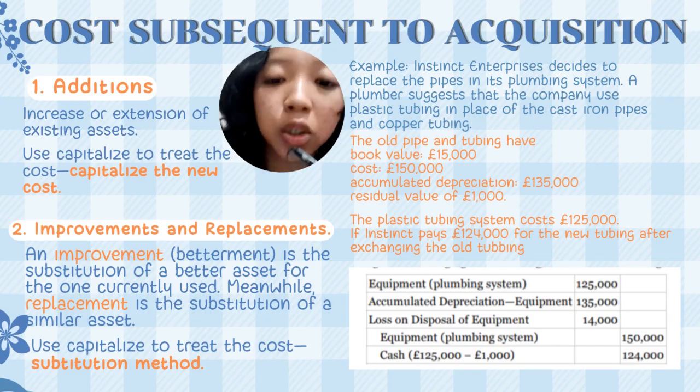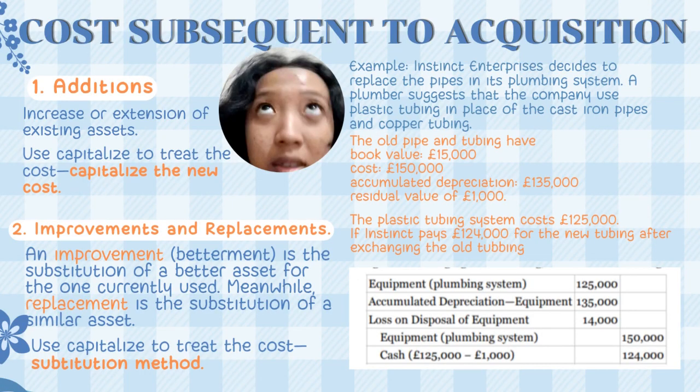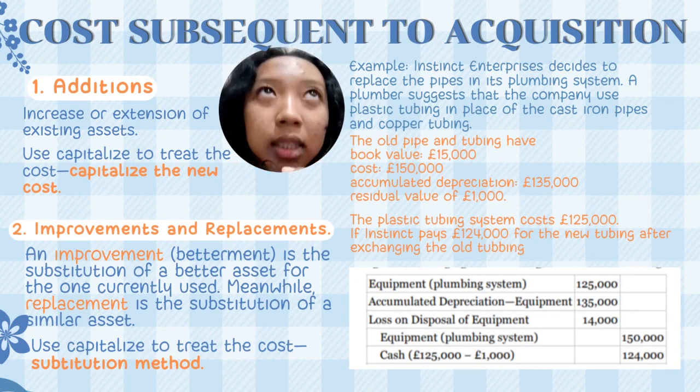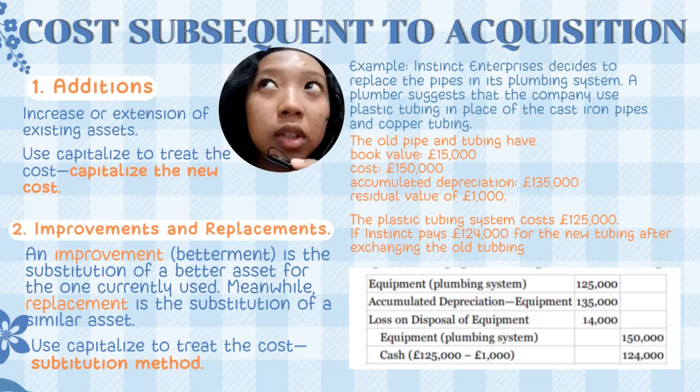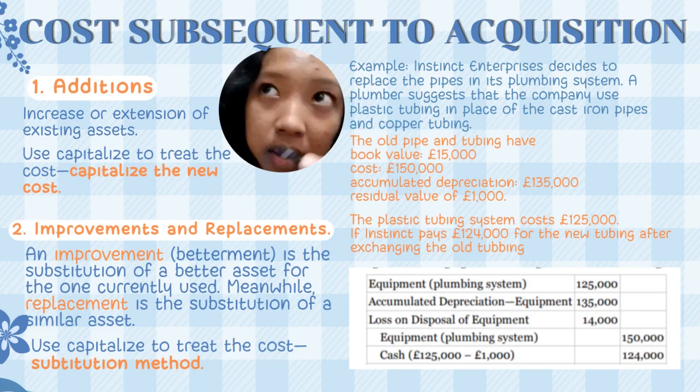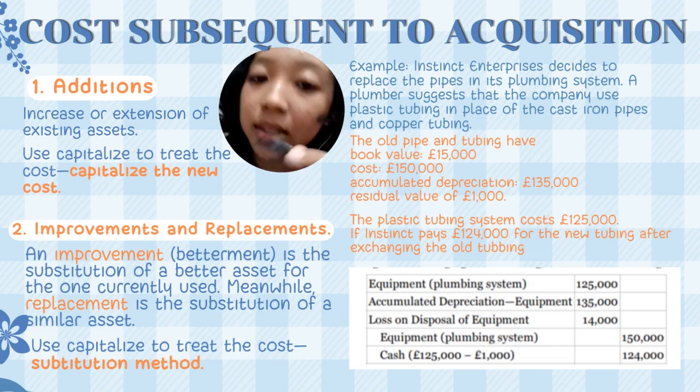How we record it is, as I explained before, that in the substitution method we will erase the old asset and also the depreciation of the old asset, and then we record the new asset and then the gain or loss of the asset.